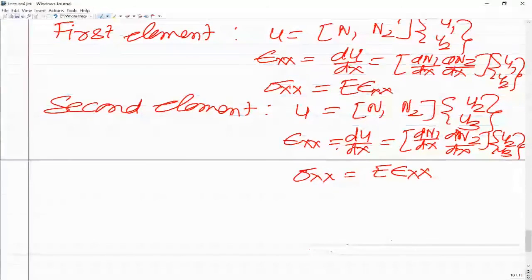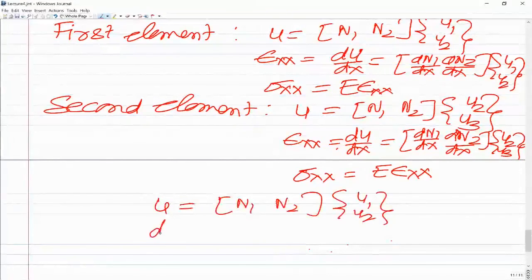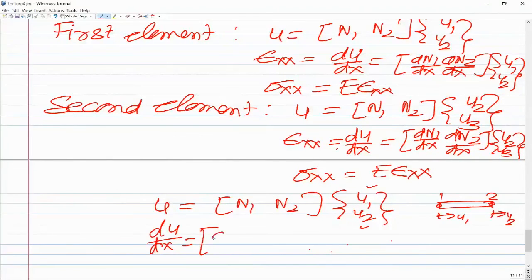So you rightly said, when I write u, that is n1, n2 into u1 and u2. When I write du by dx, because these u1, u2 are the values at two nodes, they are independent of x. So I am writing dn1 by dx, dn2 by dx, and u1, u2.